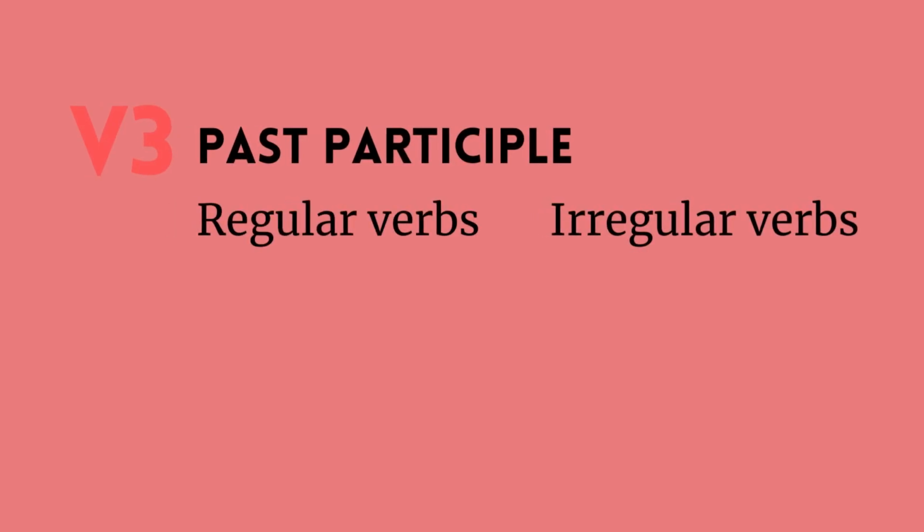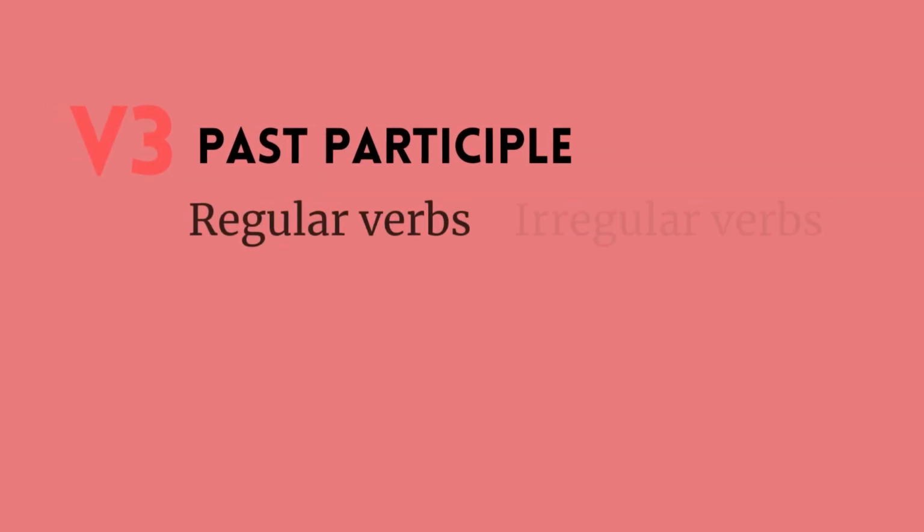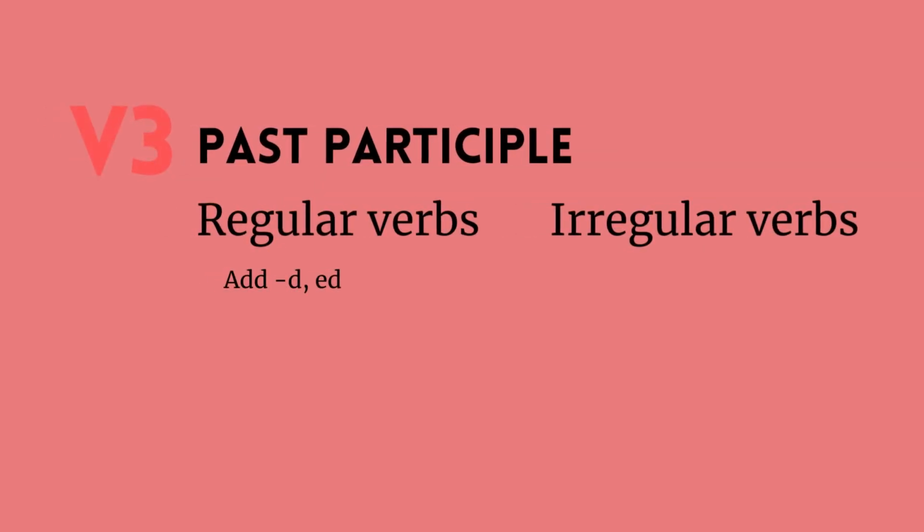Let's move on now to V3, which is the past participle form, and it has caused a lot of issues for many of you. Past participle is formed in the same manner as the way the past simple is formed. For regular verbs, the past participle and the past simple are the same.